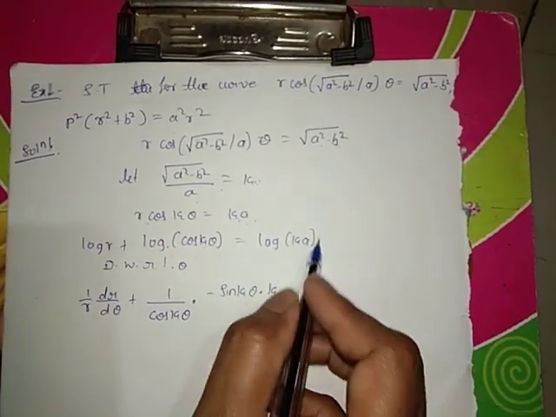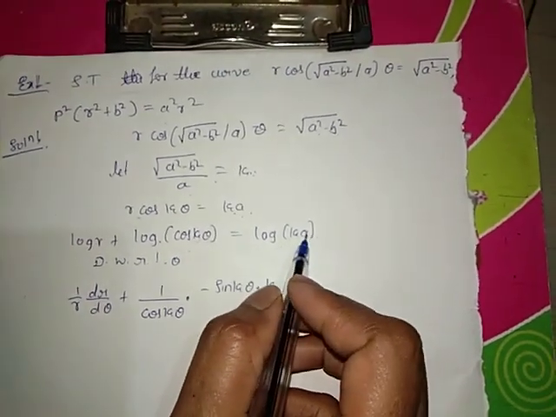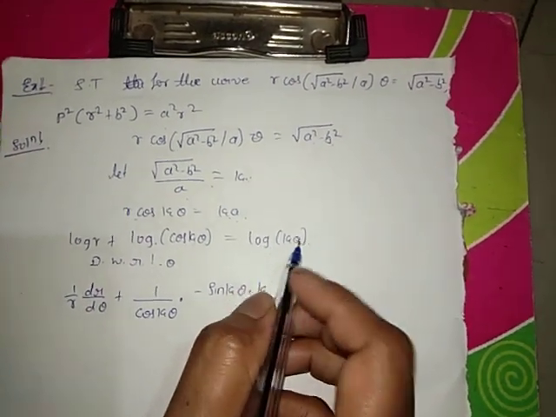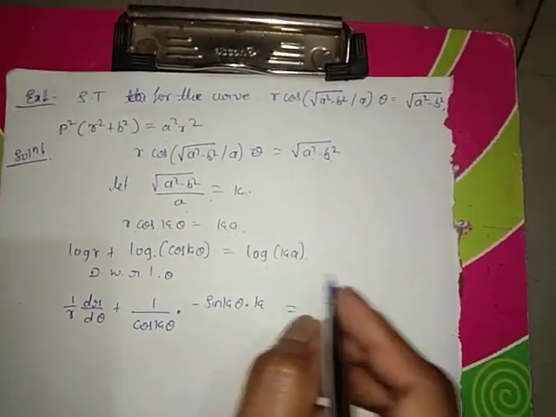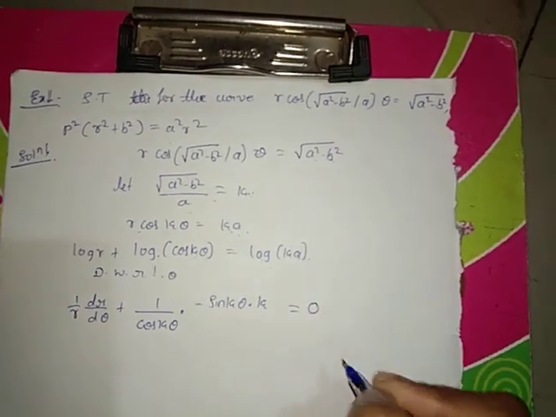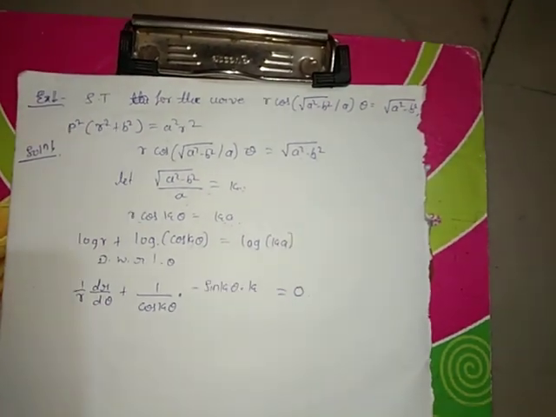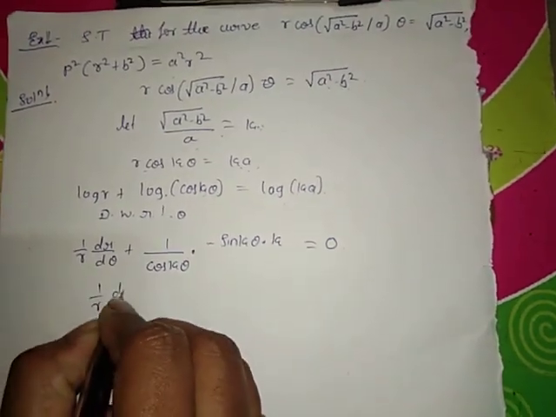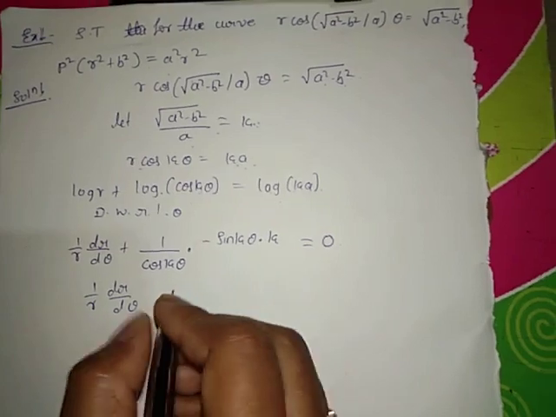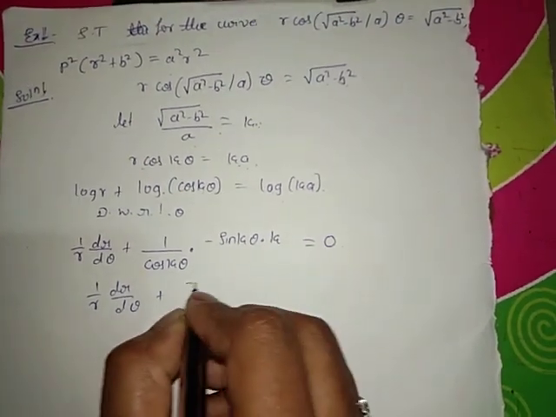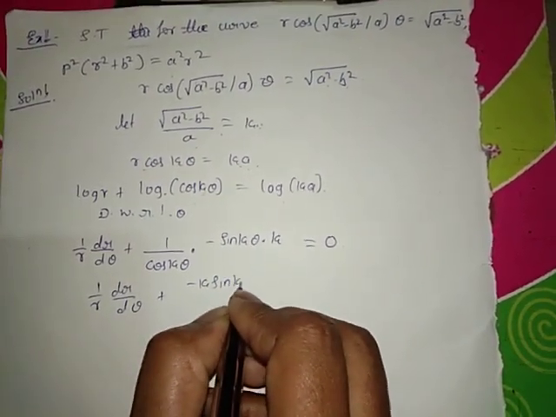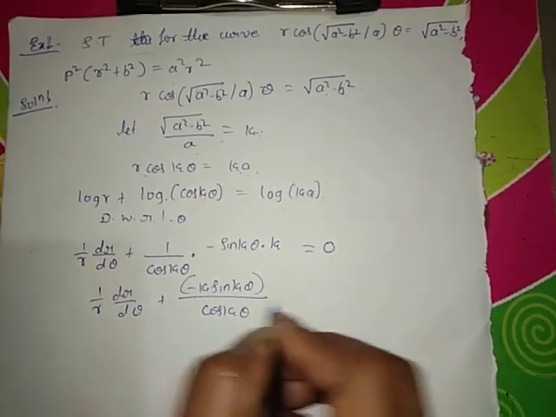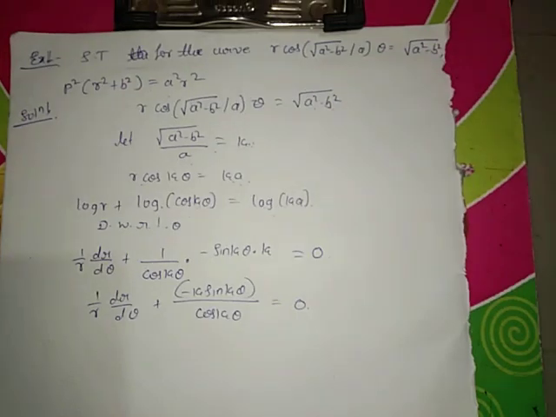This equals the derivative of log of ka. Here ka is constant, so the derivative of the constant is 0. Now the equation becomes 1 by r dr by d theta plus minus k sin k theta divided by cos k theta equal to 0.